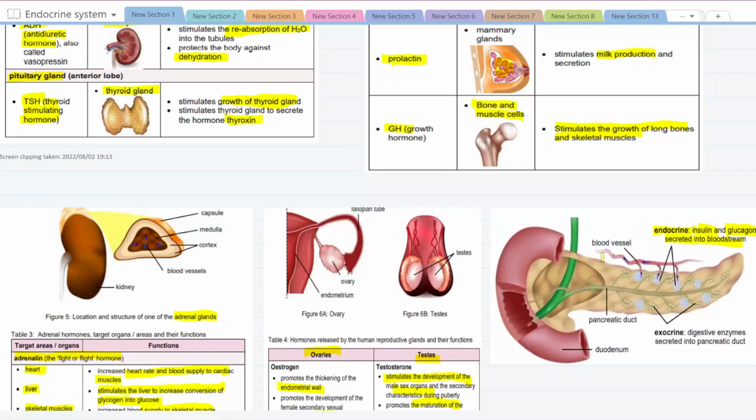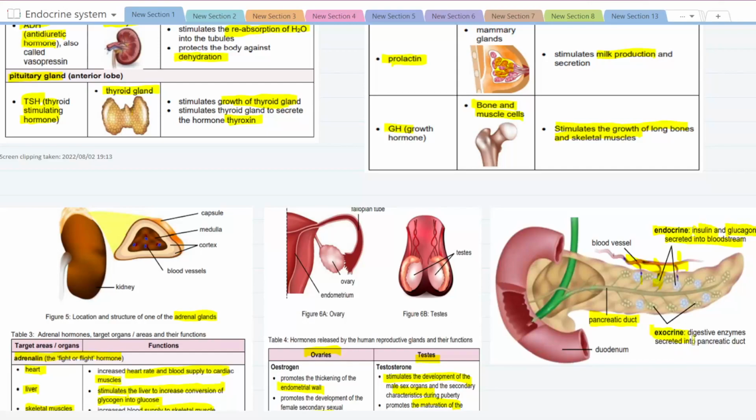Now you also have your blood vessel. There it is. This is how these endocrine glands are going to secrete the insulin and glucagon into the blood. Then you have what is known as a pancreatic duct, and therefore we say now this is the exocrine gland.